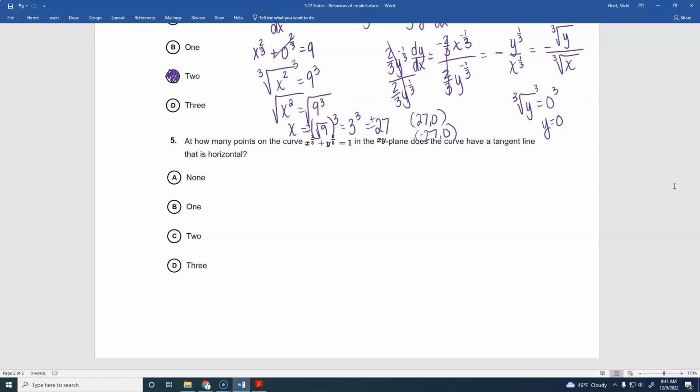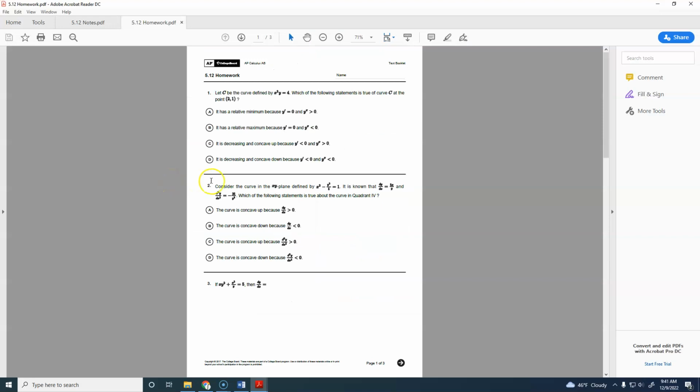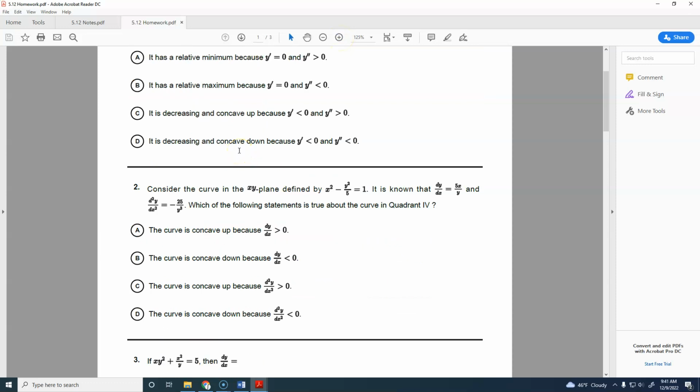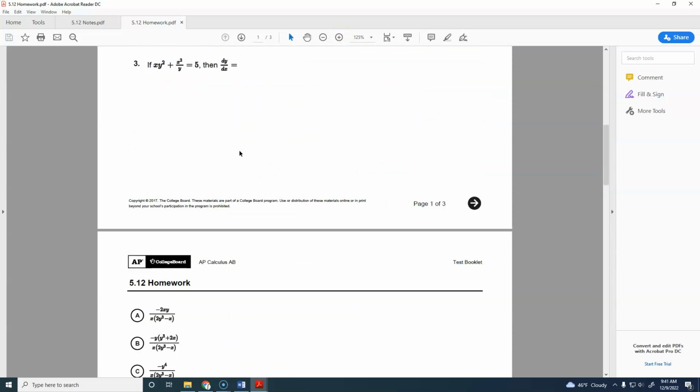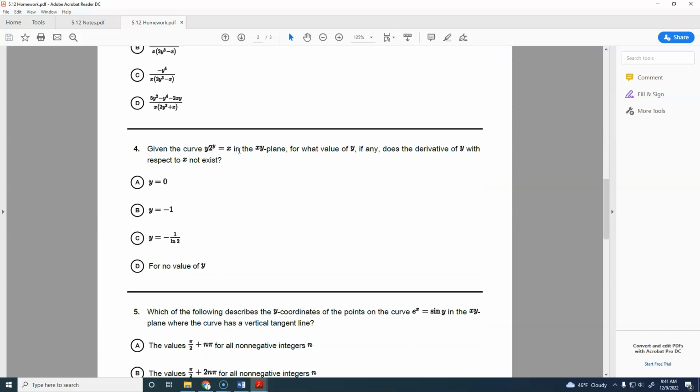I thought there was an issue on this one, but I couldn't remember where it was. Let me look through these. That one, we've already done one like that. Let's do 4.